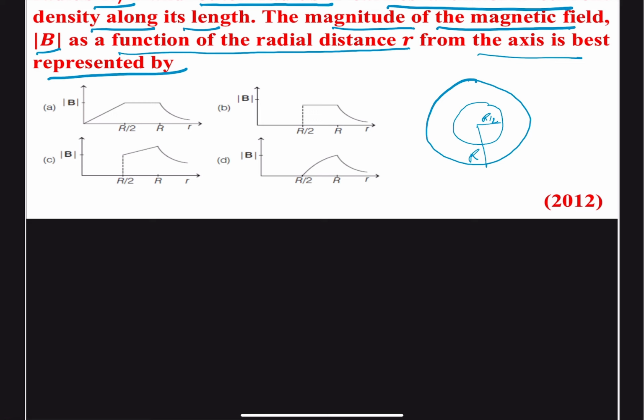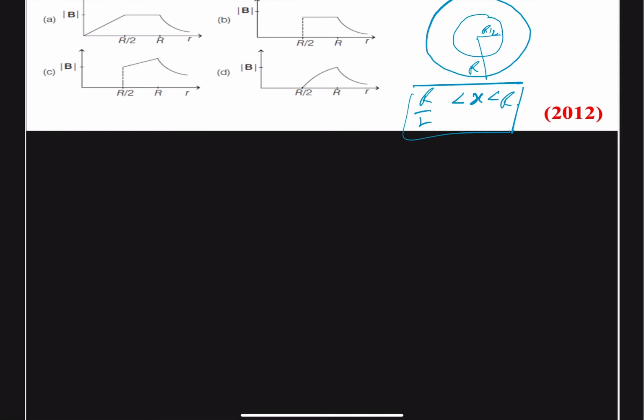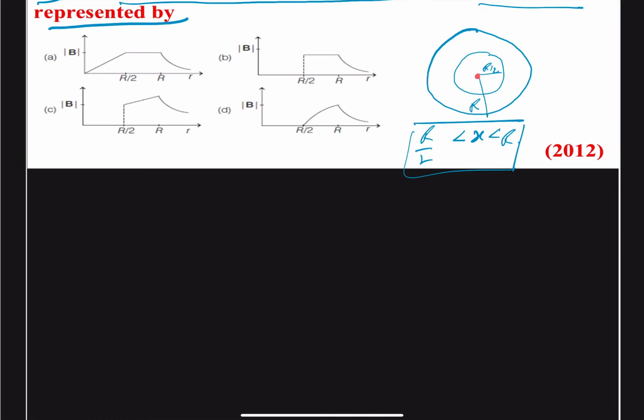So therefore, it is also given that it has a uniform current density throughout the conducting region, and the current density, that is our J, will be for greater than R by 2 but less than R. And we have to find out, let us assume an x which is a variable and it moves right from the center of the cylinder and towards outward in this direction.